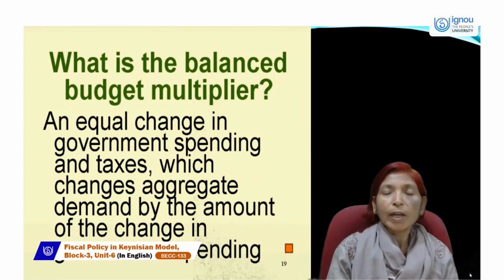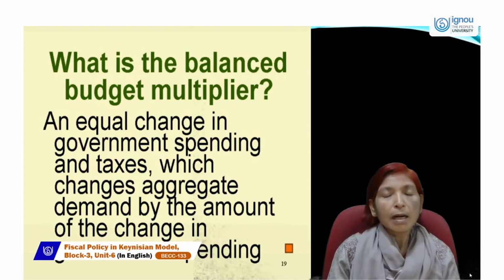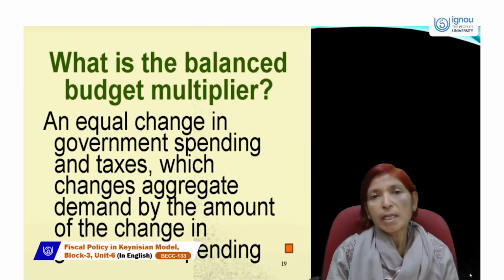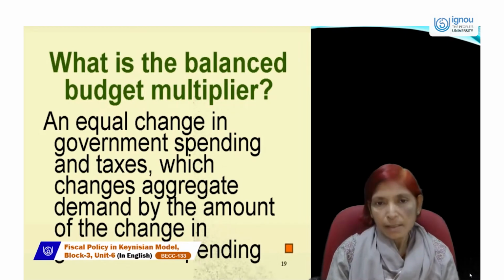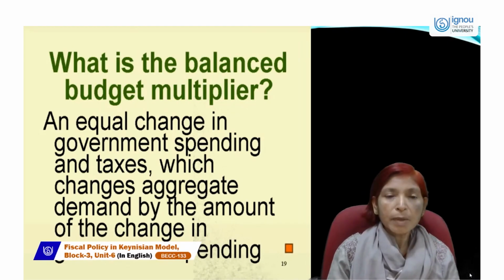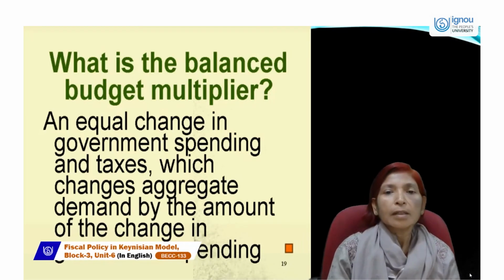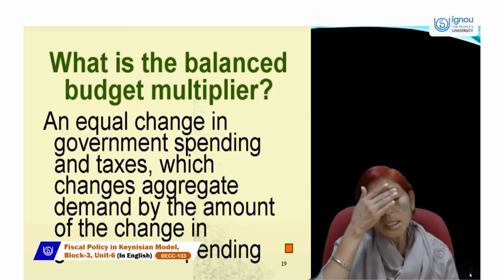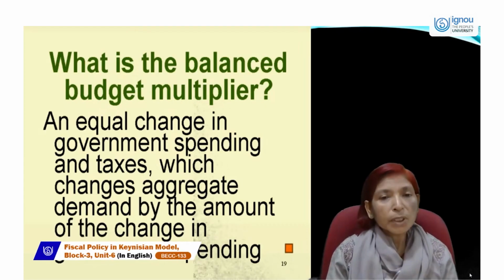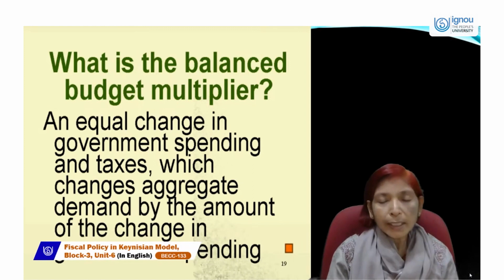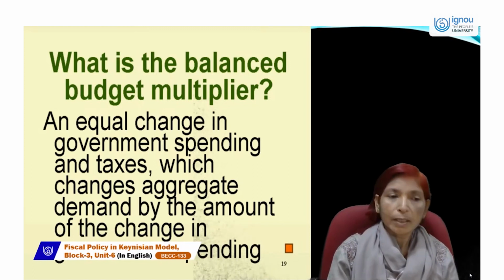It means when government expenditures are equal to government revenues, then budget will be called balanced. And balanced budget multiplier shows that the change in government spending multiplier and change in tax multiplier, the summation of both these multipliers will always be equal to unity or equal to 1.